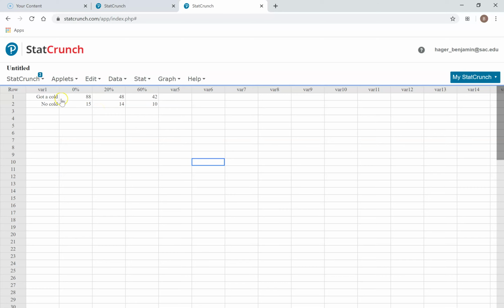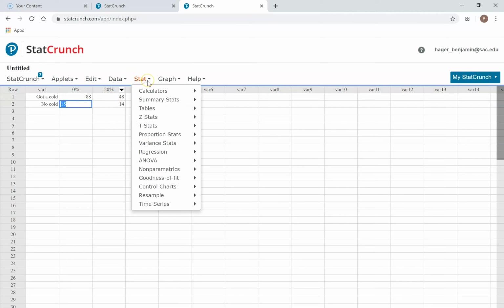Those are the things we're trying to compare here, and I want to see if it helped to have these various levels of echinacea.